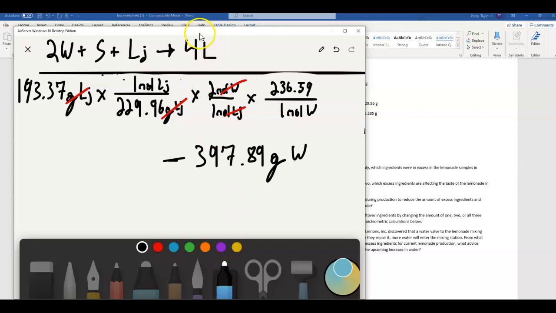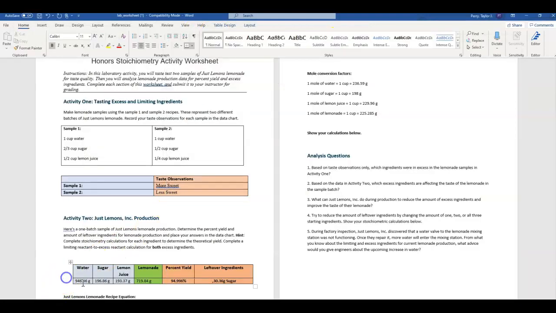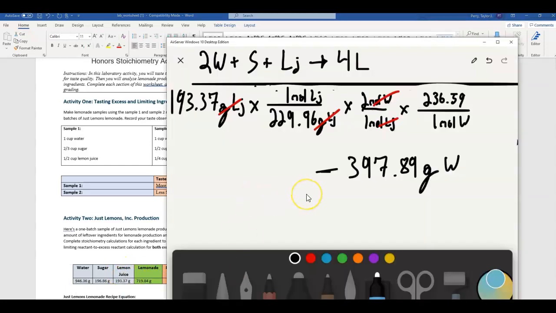Now that's how much water will be used up. And if you look here, we're going to have a lot left over. So we're starting with 946.36 grams. I'll write that down. 946.36 grams minus 397.89. Let's see how much water is going to be left over.